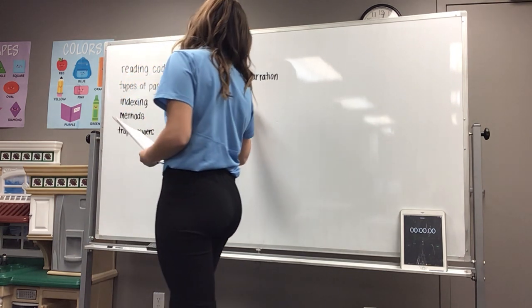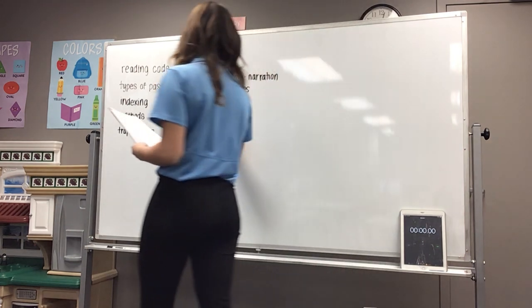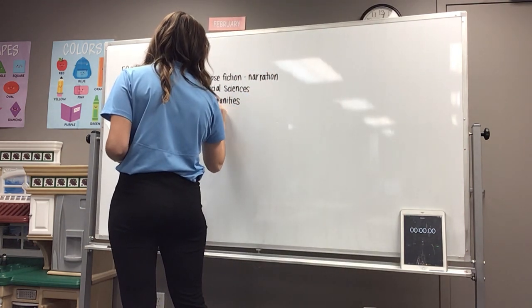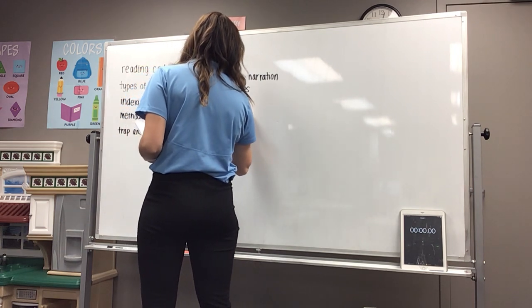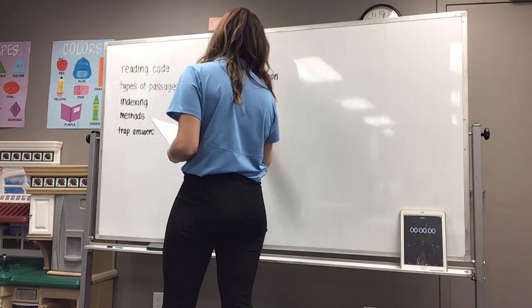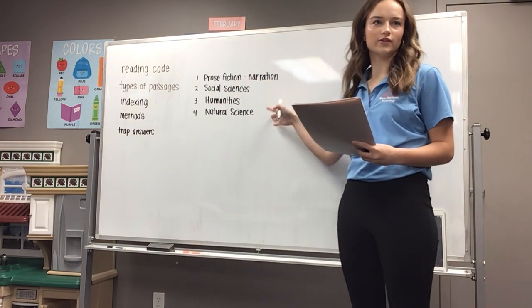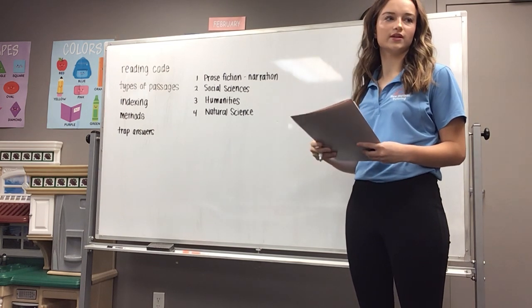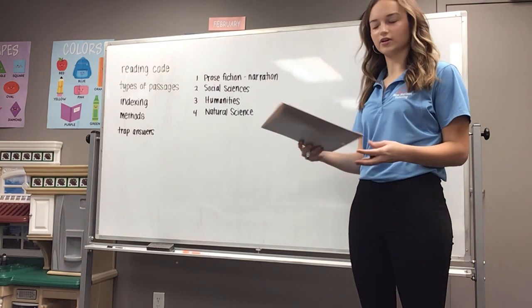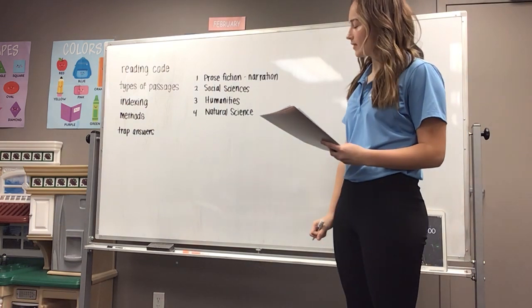All right, and what is the last one? Natural science. Perfect. So these are the 4 different types of passages. The nice thing is that, like I said, they show up in this order on every single reading ACT test. They're never going to change the order, and that's why the reading code is so beneficial, because it's a number that's never going to be affected by how they put in the passages.